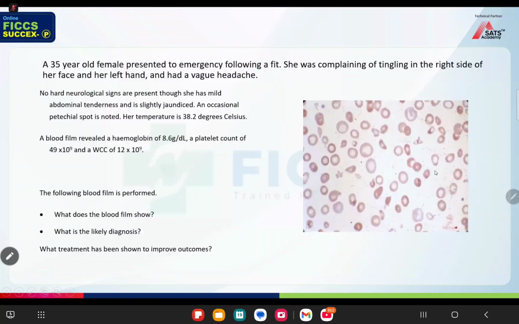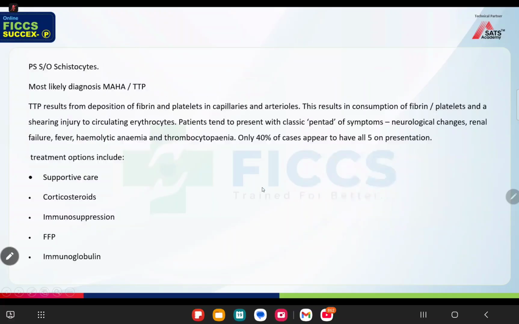This, you rightly mentioned, the findings of schistocytes are there. Many schistocytes you will be able to see, and some burr cells are also present. The picture is classically fitting into the TTP pentad, with the patient presenting with neurological symptoms, fever, hemolysis. In the picture also, it is suggestive of hemolysis, and renal failure.